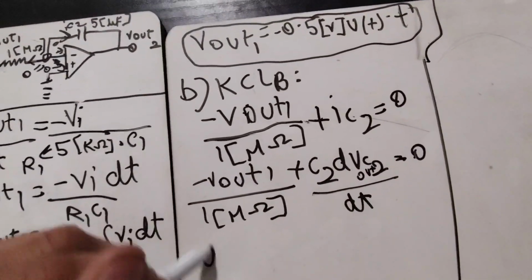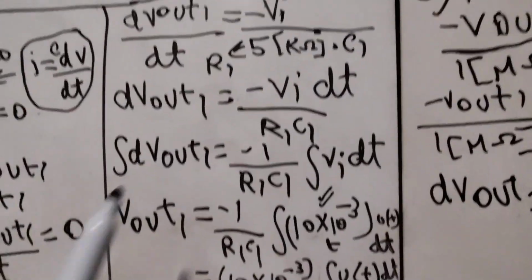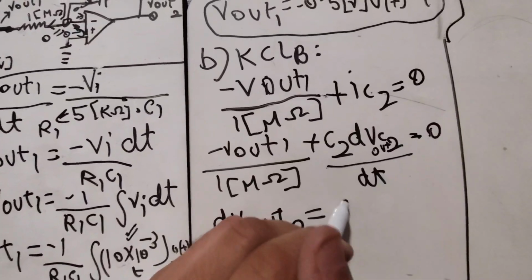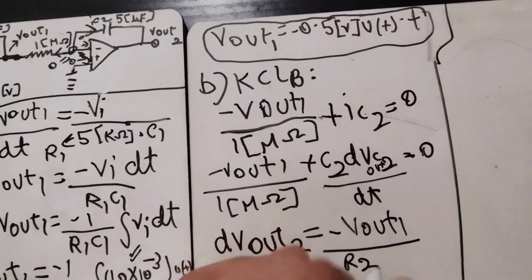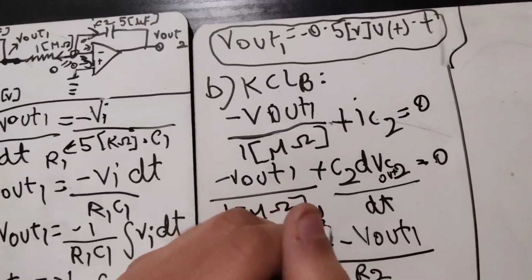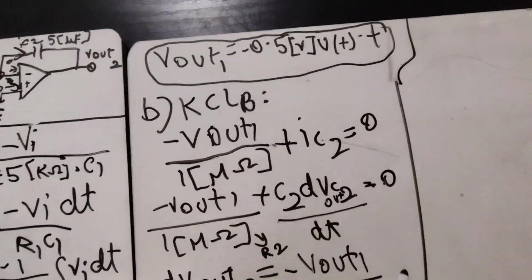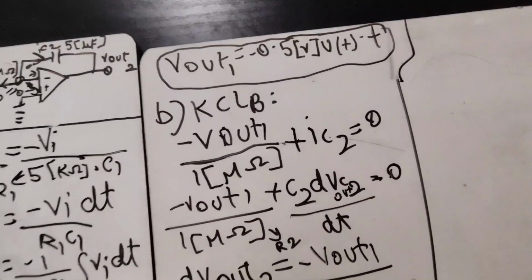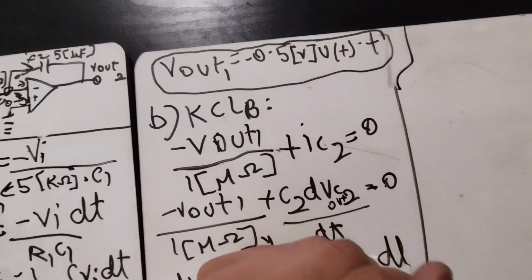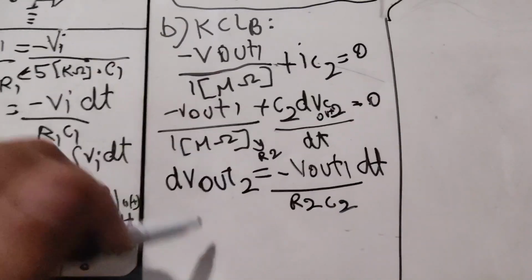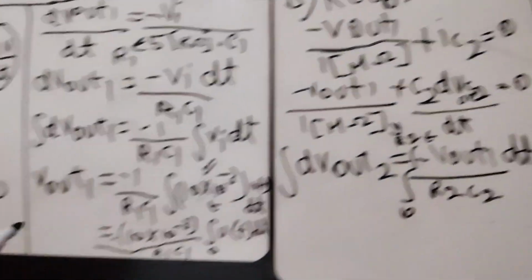If we do that, we get something like this: Vout1 over R2C2, where R2 is this one, 1 mega ohm, and R2C2 is basically 5 microfarads, times dt. Then we integrate both sides, from 0 to t, just like we did here.